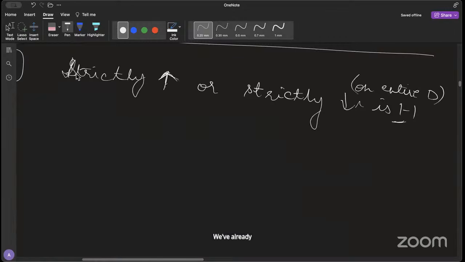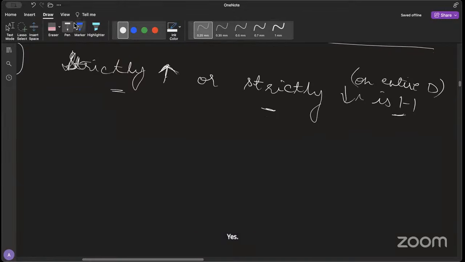We've already discussed what strictly increasing and decreasing functions are in previous lectures. Should I discuss that again? Is everyone familiar with these two terms? Strictly increasing is different from increasing. We don't mean increasing here. So that's one way to check.